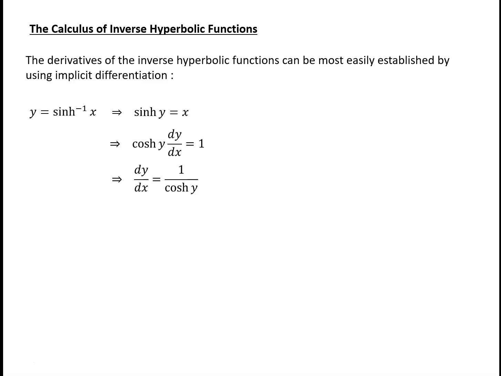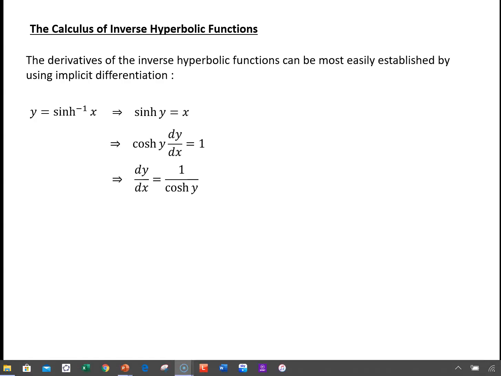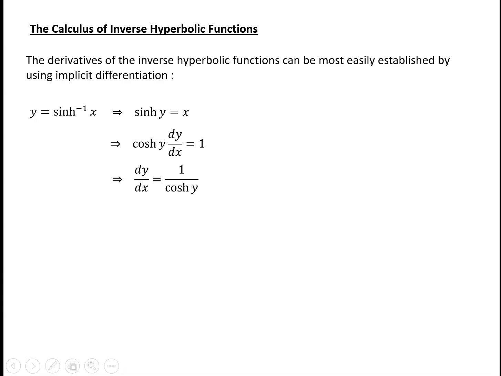However, we really want dy by dx to be given as a function of x. Now, we know that cosh squared a minus sinh squared a is always equal to 1. So we can say, certainly, that cosh squared y minus sinh squared y is definitely equal to 1.